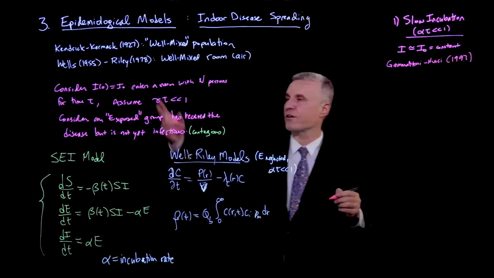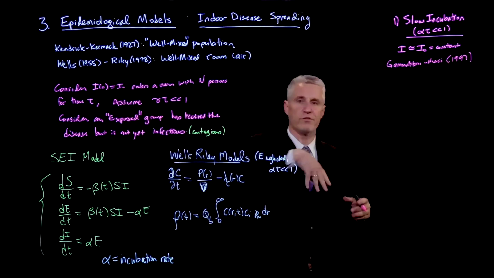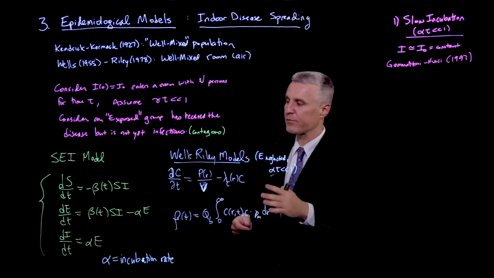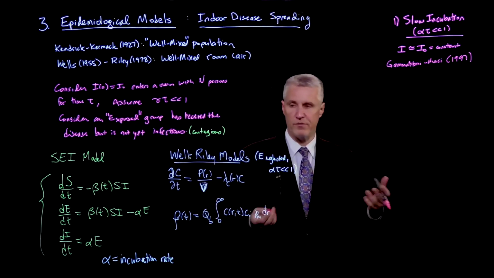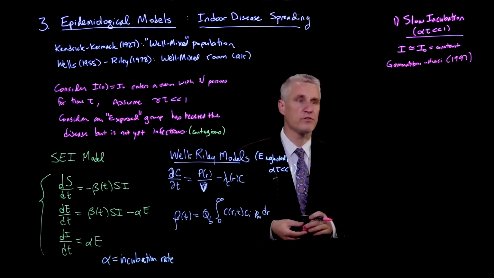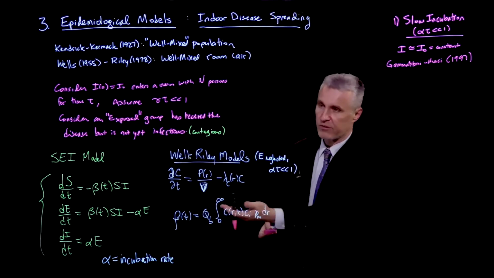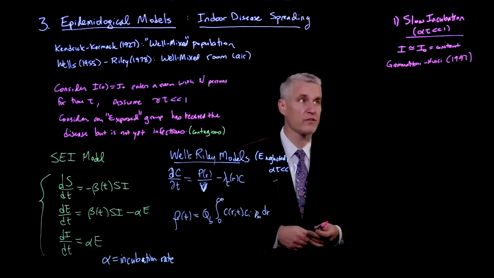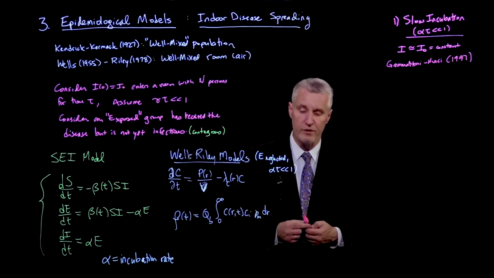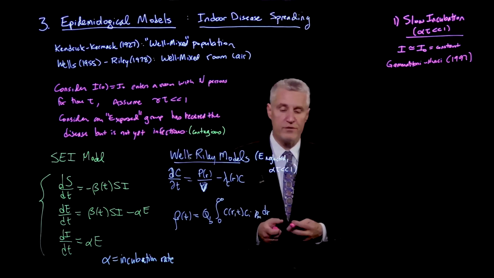So you can see, starting from Wells, we start to move towards this picture of actually coupling the dynamics of the pathogen to the transmission. And there have been a number of models since then which have even taken into account some of these aspects of the different drop sizes and other effects that we've been discussing that were not initially considered by Wells. So, okay, that's this.